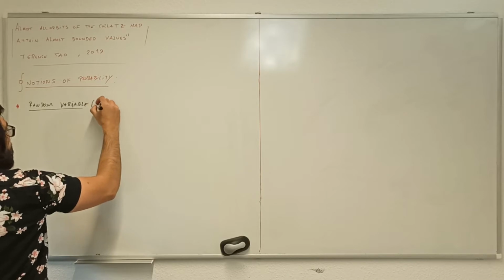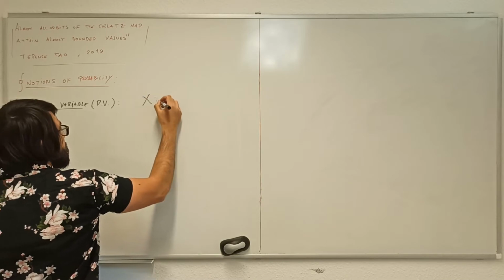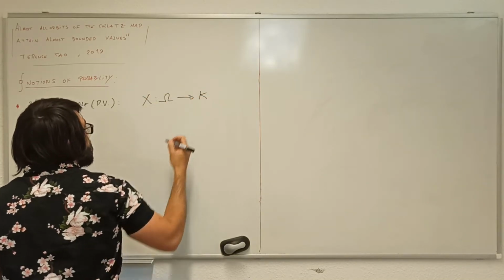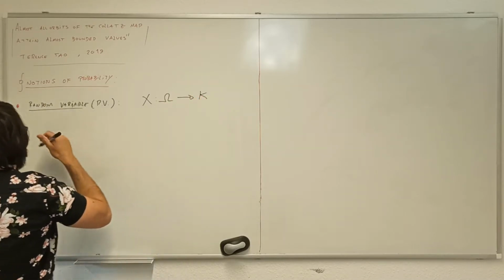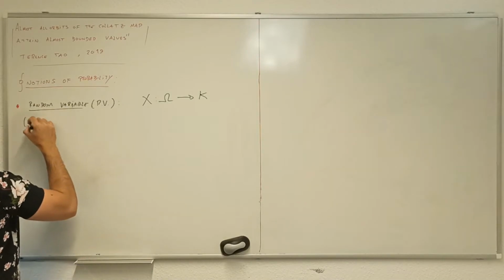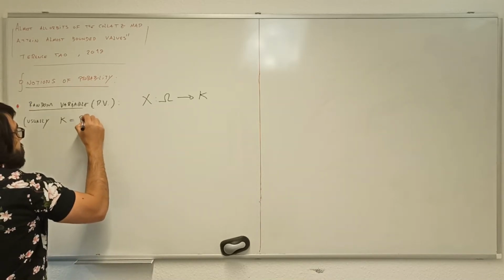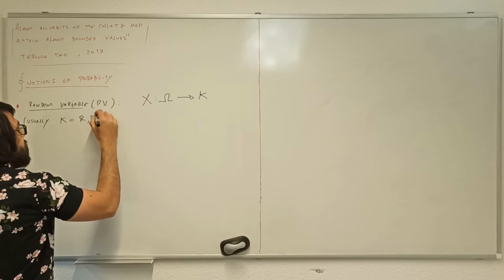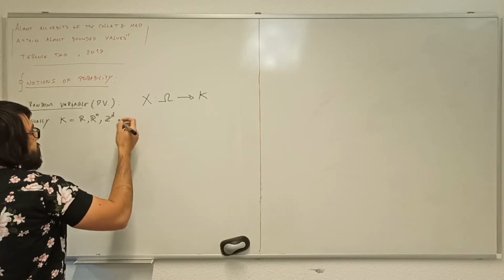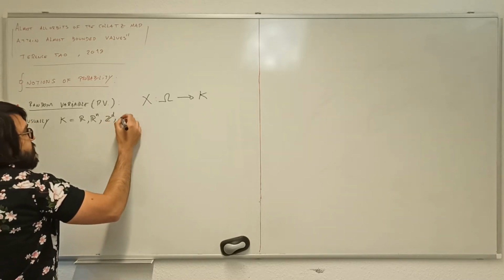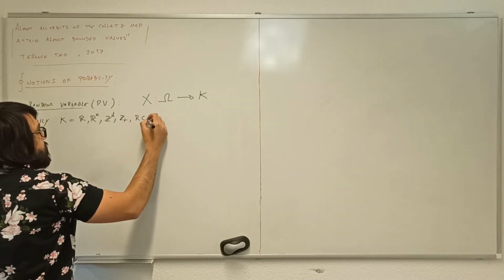So, short RV, which I will often use, is just a function X from some measurable space to some other measure space, and usually the range of this function will either be the reals or certain R^n, or maybe the integers, or integers in some Z^d, or maybe the positive integers, or some kind of a subset of the integers.